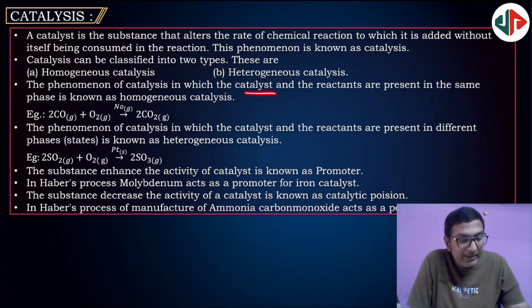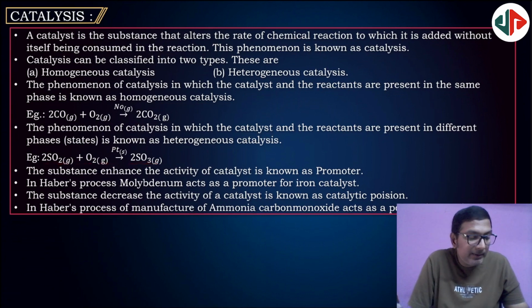If catalyst and reactants are in the same phase, that is homogeneous catalysis. Example, all are gases. If catalyst and reactants are in different phases, that is heterogeneous catalysis. This is the example: reactants are gases, catalyst is solid.